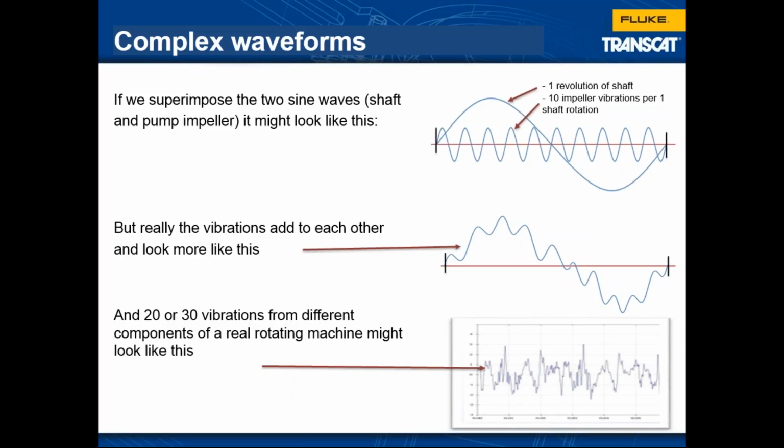You would think you'd see both of those sine waves separately, but in the real world, they add on top of each other. So the small sine wave rides on top of the big sine wave, and if we got 20 or 30 vibrations, the problem is it's a jumbled up mess, and it's hard to read.